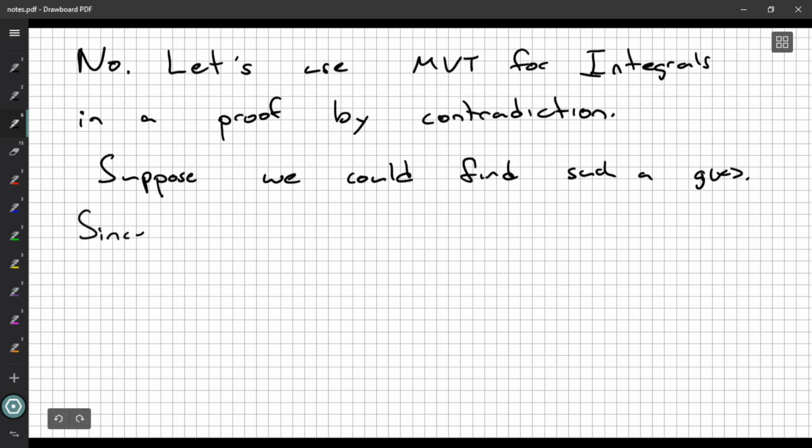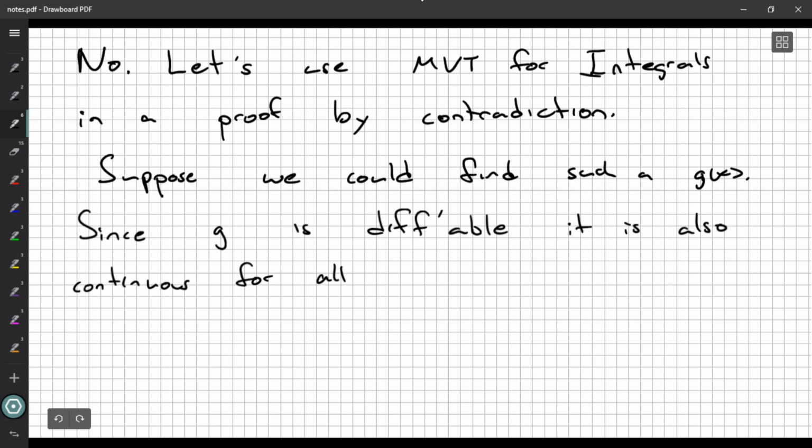But we can say, since g is differentiable, which we'll just abbreviate as diffable, it is also continuous for all values of x. So, where can we go from there? Well, if it's continuous, we can say g is continuous on 3 to 6, the closed interval we need.